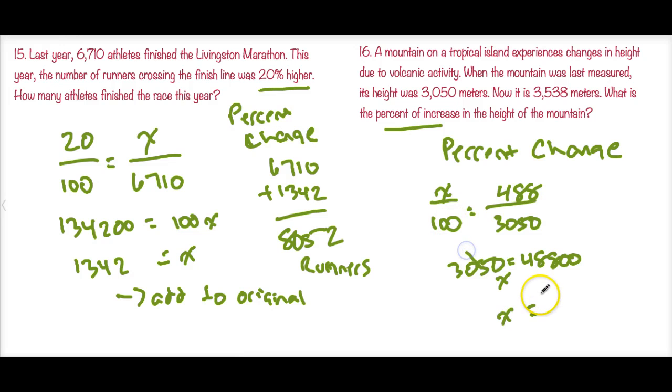So that's going to be a 16% increase as a final answer. Let me check my work to make sure I did that right. So I've got the percent increase, I got the percent, and I got the change, and I've got the original. And when I cross multiply, yeah, okay.